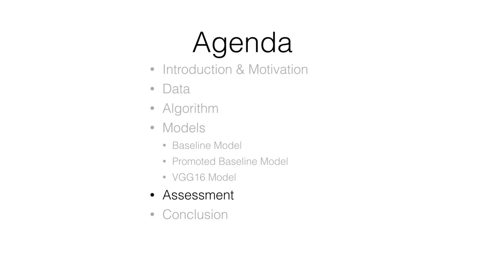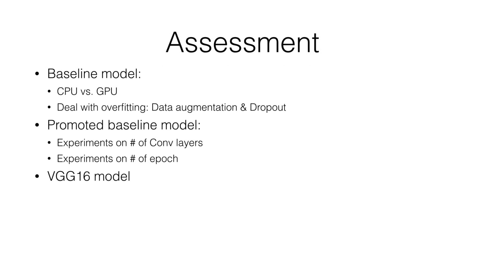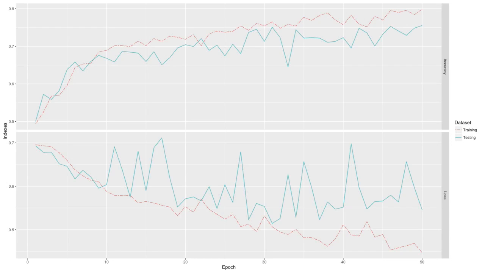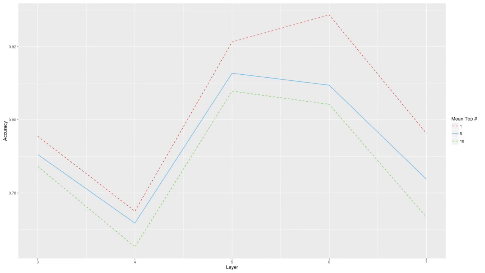And this is the assessment section. In the next few slides, we will assess the models, and next we will talk about a few of them. Accuracy increases as epoch grows as we train the ConvNet, and the loss index drops. While we compare models with different layers, we find the ConvNet with 5 layers works best.